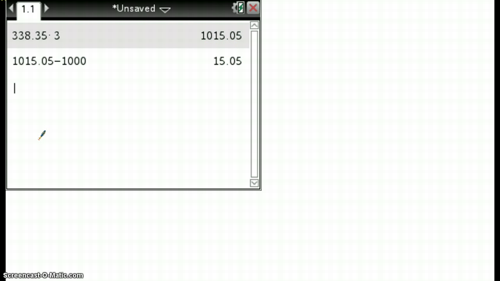Again, this is what he paid. This is what he spent or borrowed. And this is the cost or the interest.